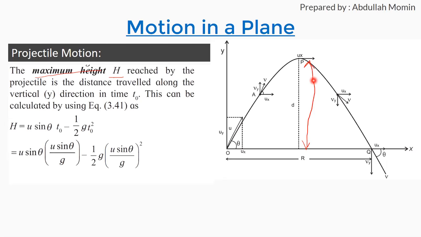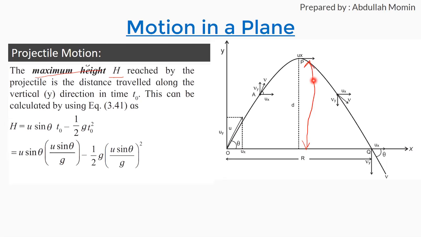Initial velocity in vertical direction is uy, that is u sin theta, and the acceleration acting on this object is acceleration due to gravity, acting in downward direction while the object is moving in upward direction, so we will write acceleration as minus g.